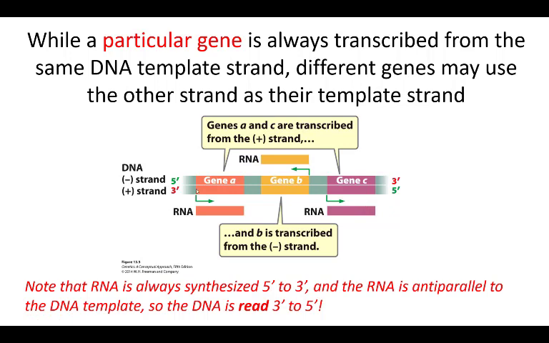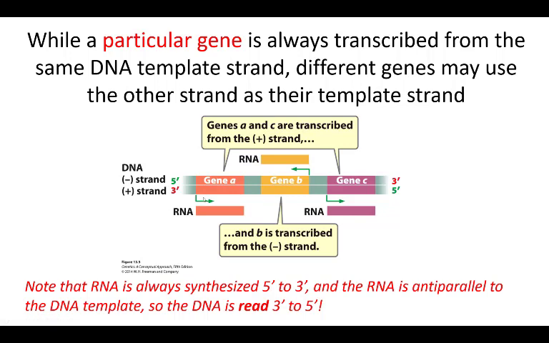One other thing I'd like to point out is that the strand that is used determines which direction transcription is going to proceed in. So if you look at this first gene, gene A here, the bottom strand is the template strand, and the beginning of the gene is found right here on the left side. RNA is synthesized in an anti-parallel manner, and RNA always starts at the 5' end and adds new bases onto the 3' end.